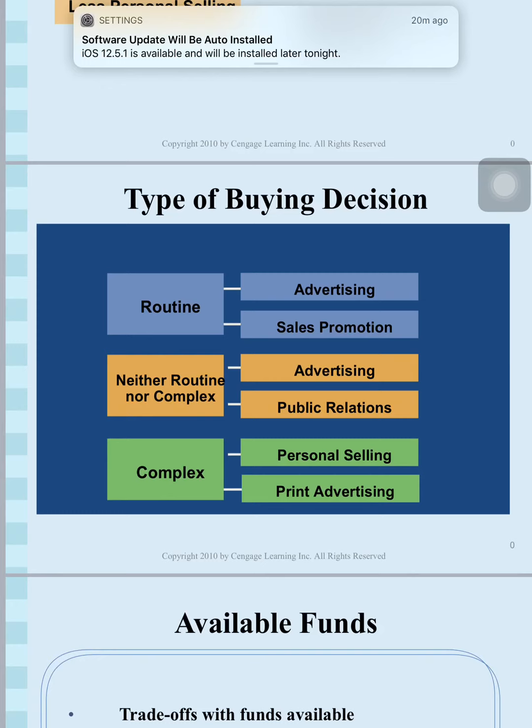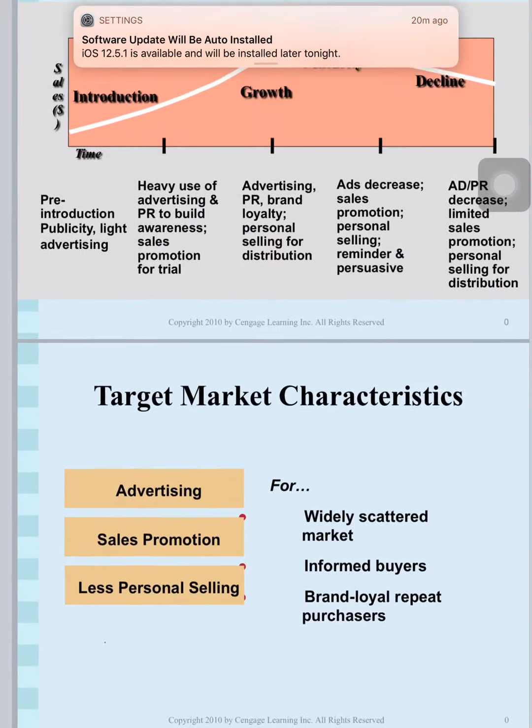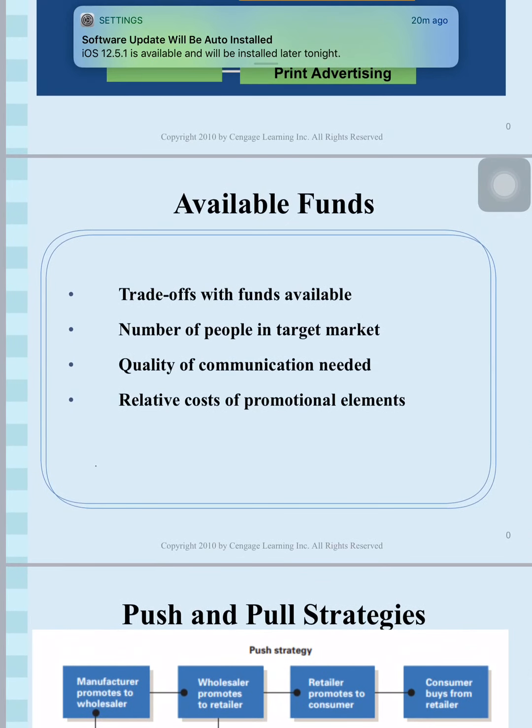Also important in choosing the elements of the promotional mix is the available funds. When funds are available to permit the mixed promotional elements, a firm will generally try to optimize the return on the promotion dollars by minimizing the cost.